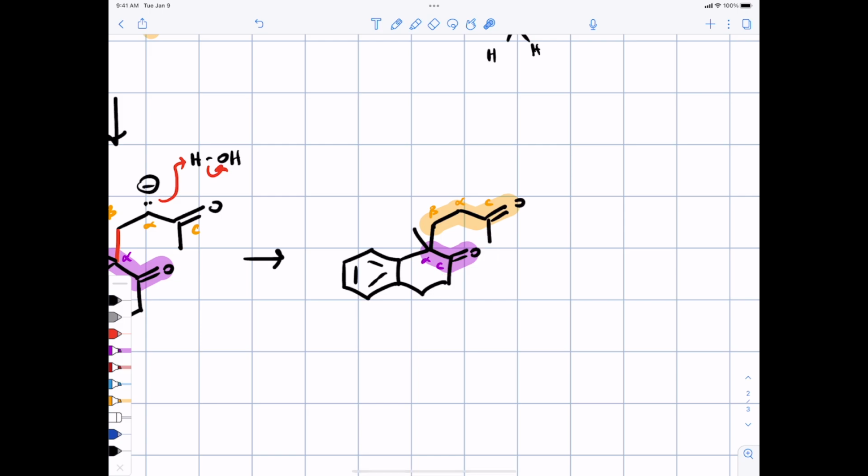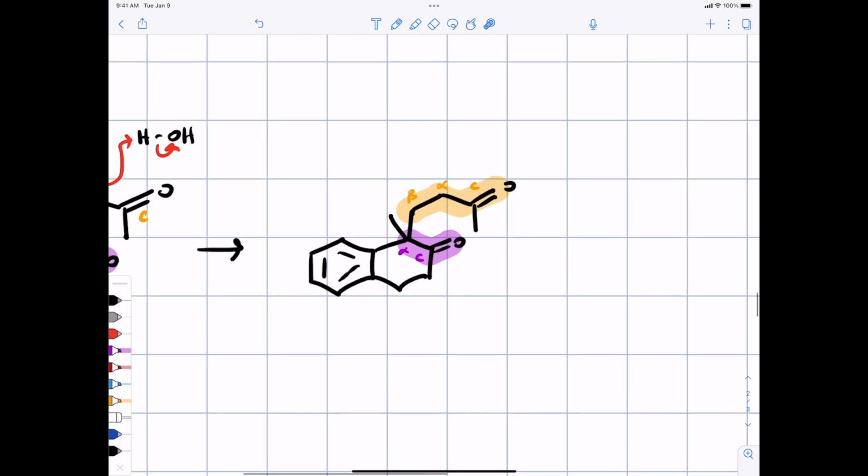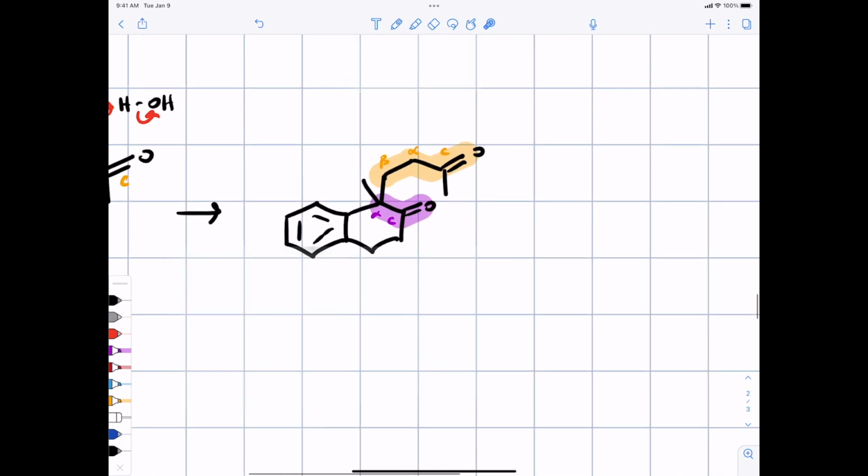If I remove this one, I get a 1, 2, 3, 4, 5, 6-membered ring. There would be a difference in the stability of those 2 6-membered rings.